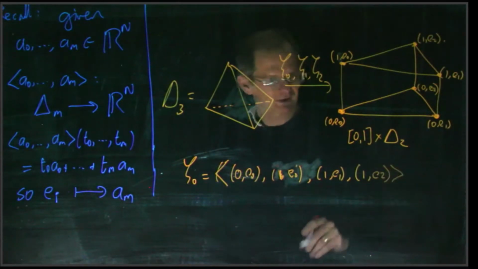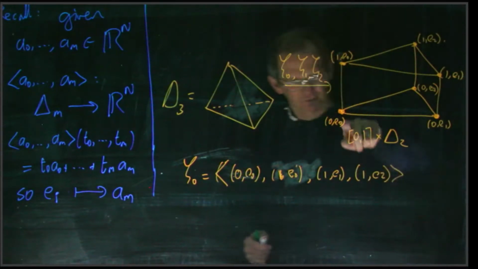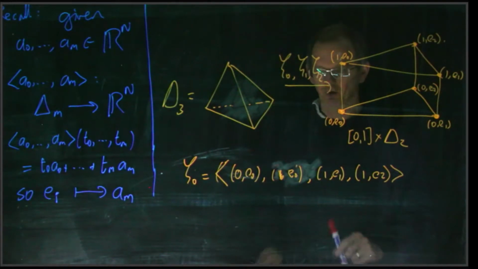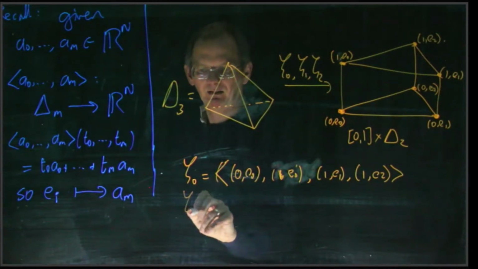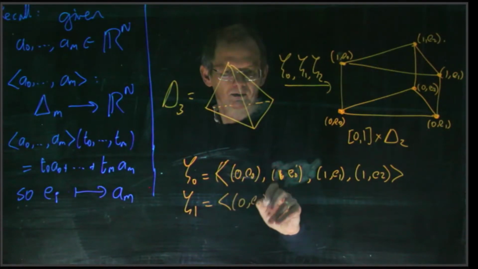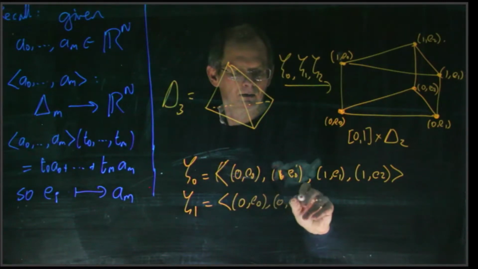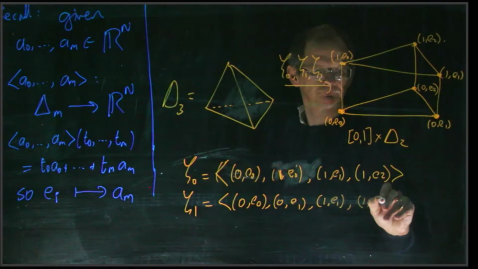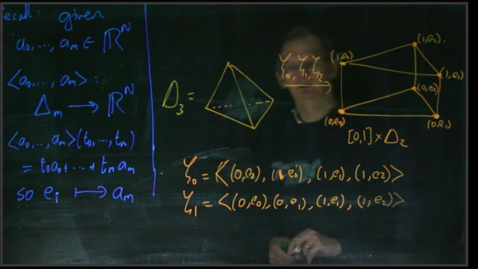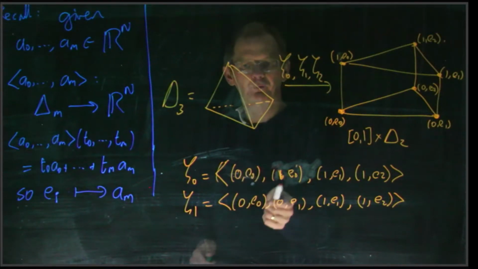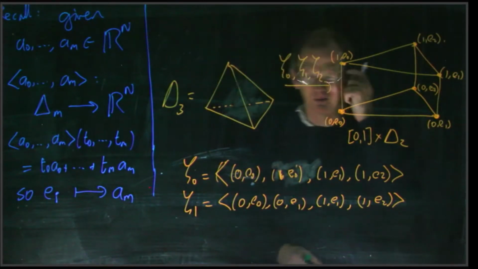So it's a tetrahedron with one vertex on the bottom here, and then the other 3 vertices on the top. Notice here in our ζ0, e0 occurs twice, once on the bottom, once on the top.